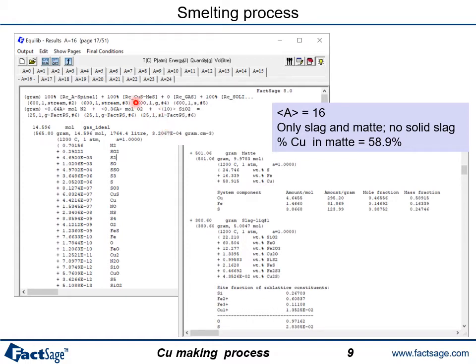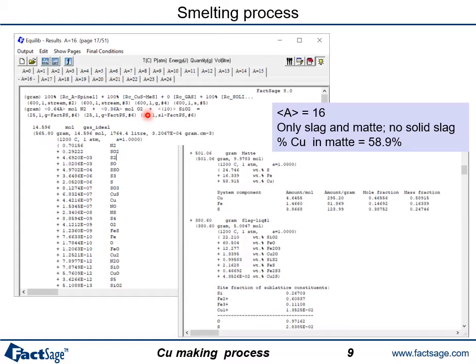Okay, and also the other important criterion for the smelting process is that at the end of this process you have to produce only matte and liquid slag, because if you have some solid slag or some solid phase in the process, it is very difficult to do the tapping.